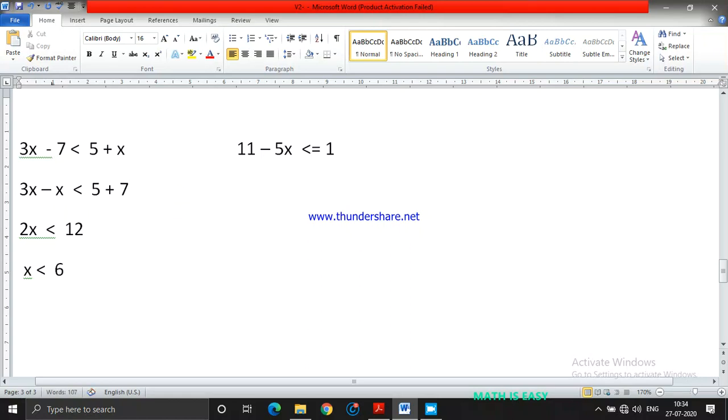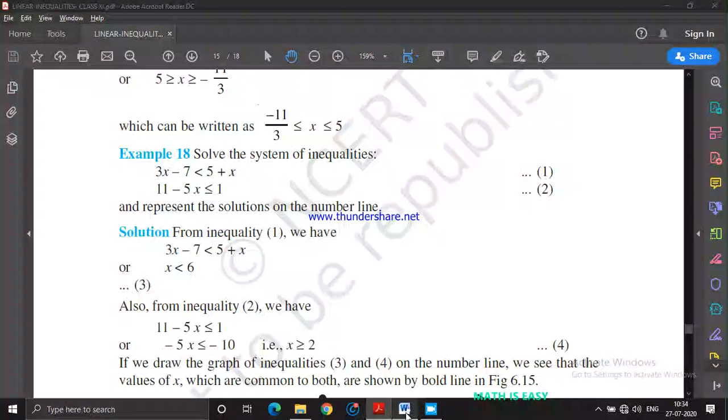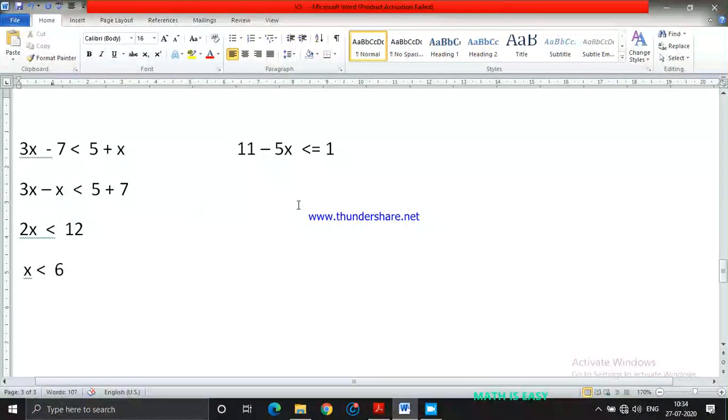In the second inequality, what can you write? Yeah, both are less than. So here you can write 11 minus 1 is less than or equals to 5x.